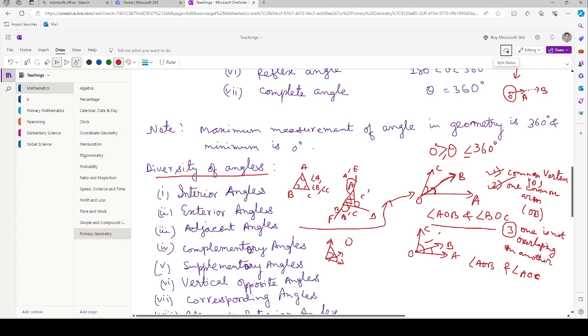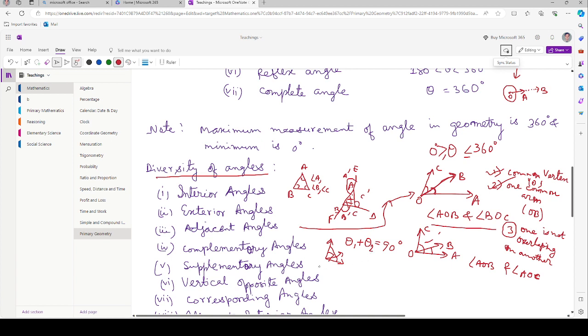If the sum of two angles is equal to 90 degree, then they are complementary angles. Very simple. Theta 1 plus theta 2 equals 90 degree. So, if theta 1 is given as 30 degree, then theta 2 will be 60 degree if they are complementary angles.